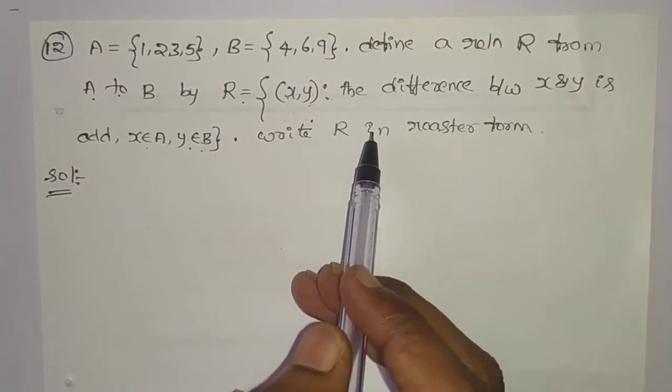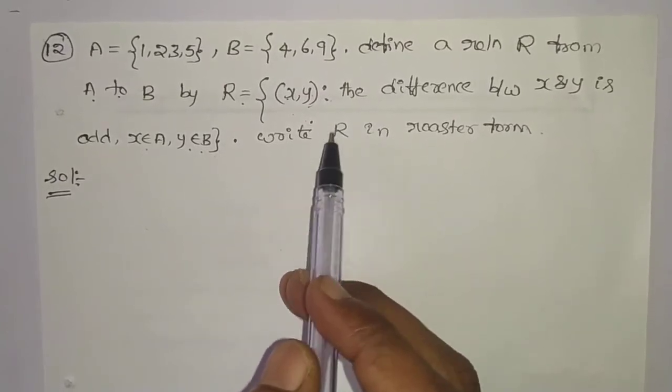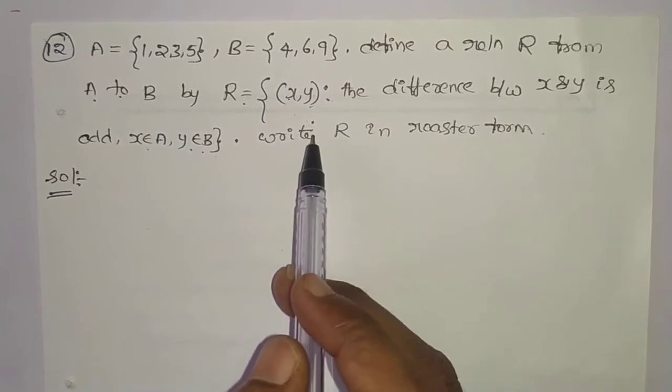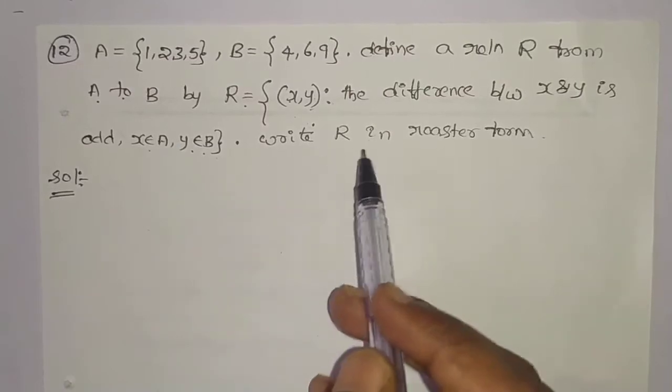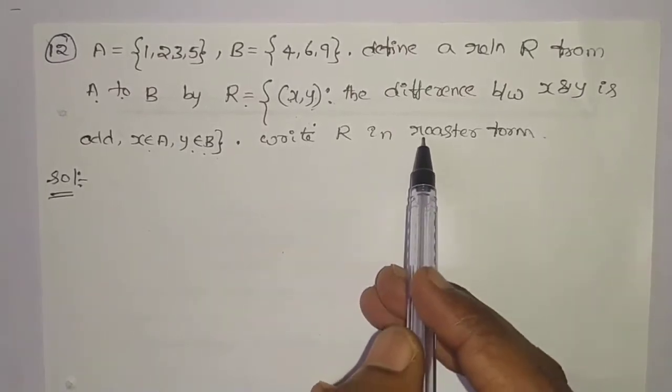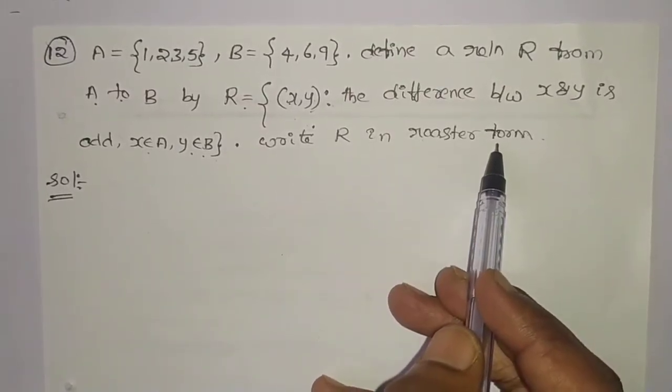If you have A cross B, then you feel it is very easy to write this relation in roster form.